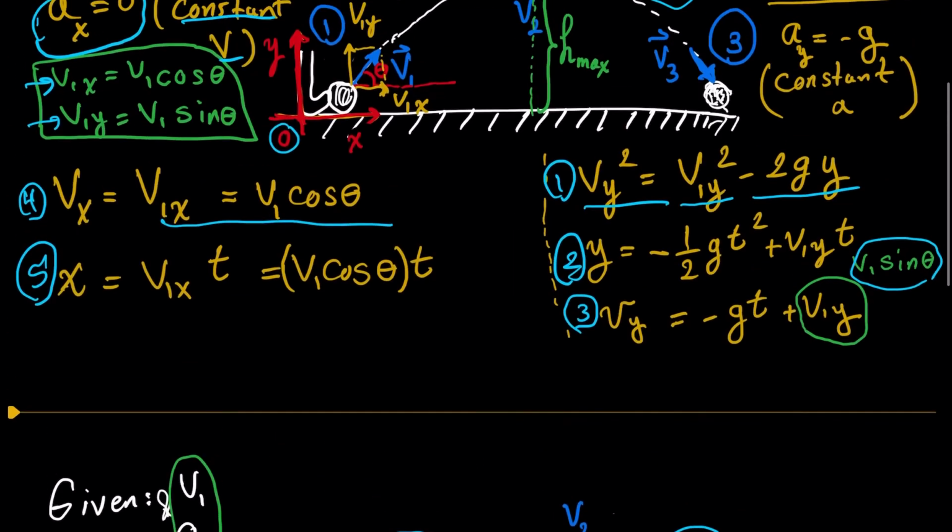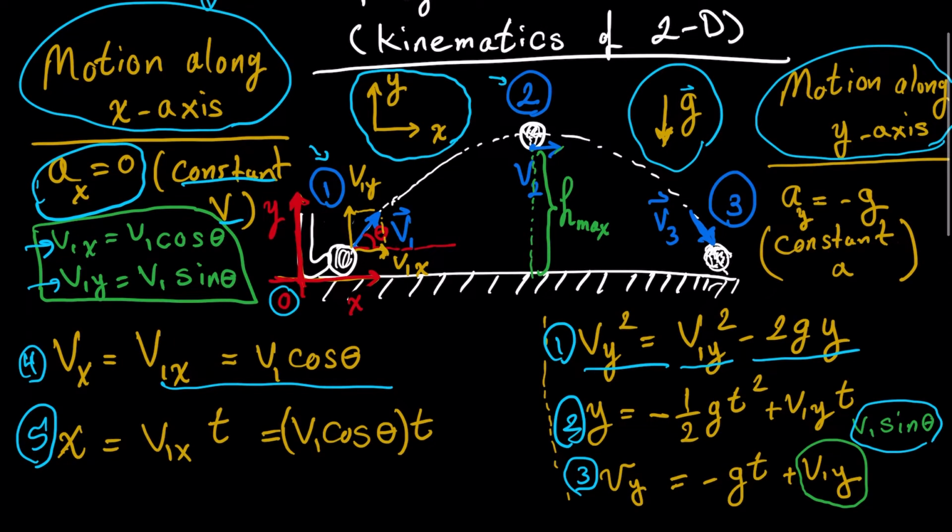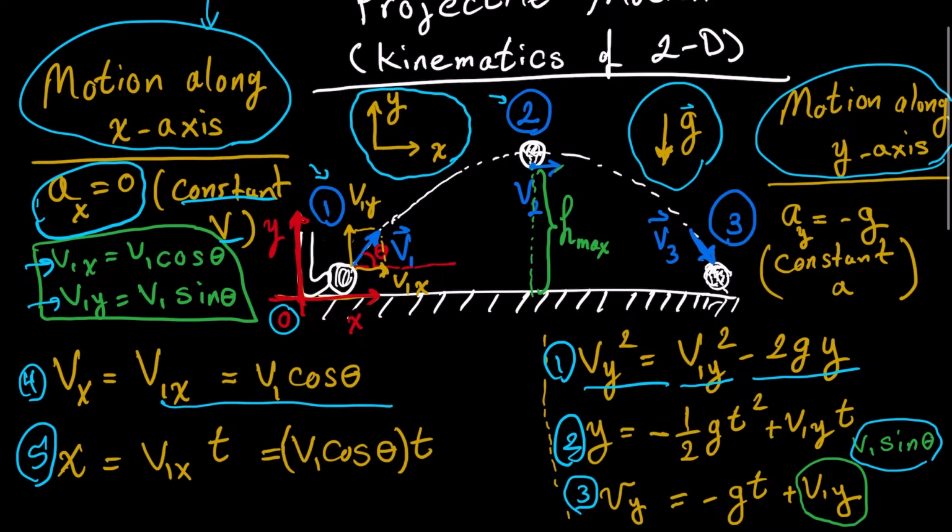Now we know along the y-axis we're dealing with a constant acceleration motion, and if you want to solve for y max, guess which one of these 5 equations I'm going to be using? This guy right here. Why? Because I know, in this case, that Vy at that point is going to be 0. I do know the initial velocity. That's something I know. I can actually solve for that Hmax.